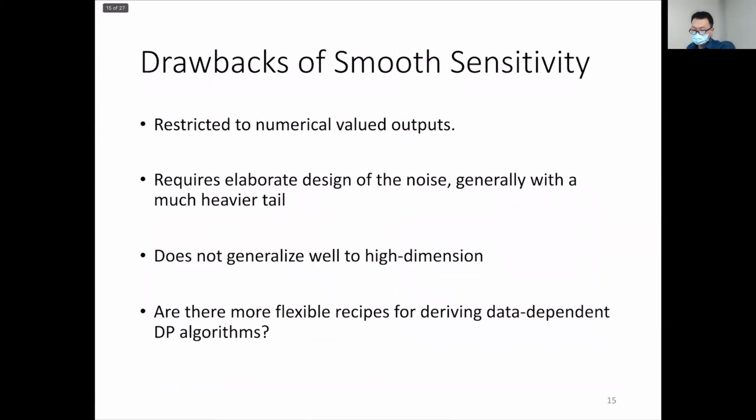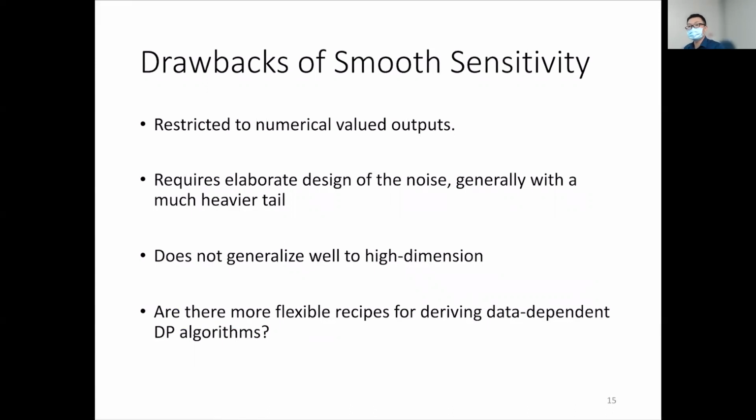All right, so that wraps up our discussion on smooth sensitivity. I wanted to mention a few limitations of the smooth sensitivity framework. Even though it is quite elegant, and uses an idea that directly addresses the problem of differentially private query release, it's not very widely applicable beyond that context. Specifically, the method is restricted to queries that output numerical values.